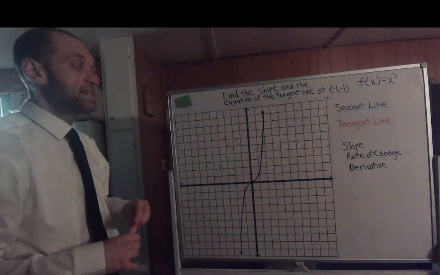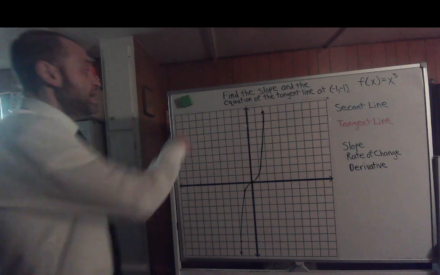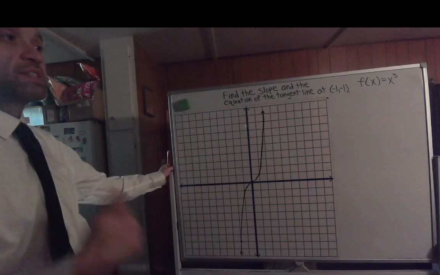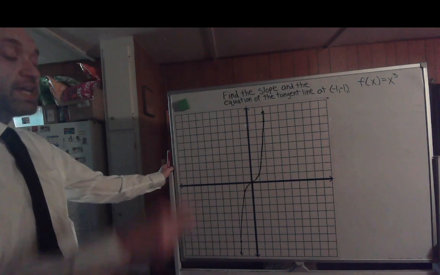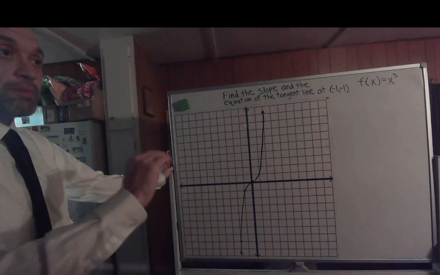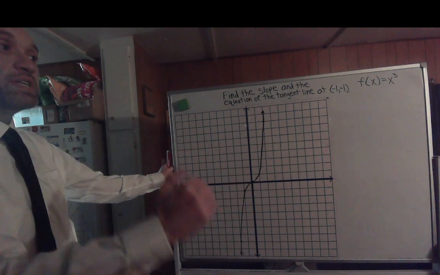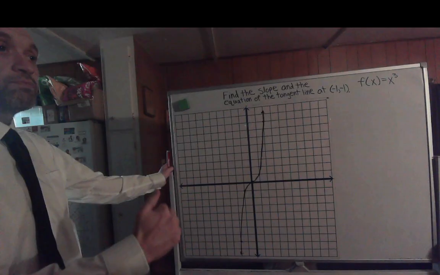So let's go ahead and dive into this. Now, in general, what you want to do when you're trying to use the average of two secant lines to find the slope of your tangent line is you want to, in each direction on either side of that point, be equidistant apart in your x value.